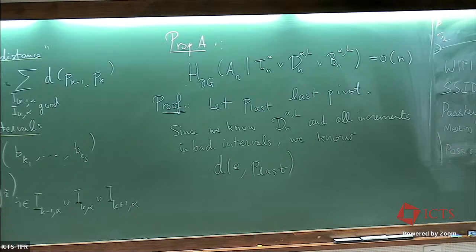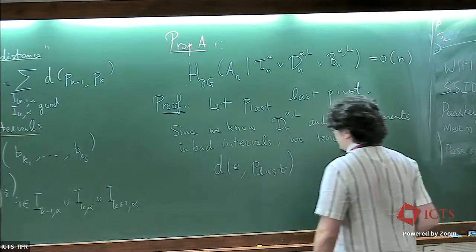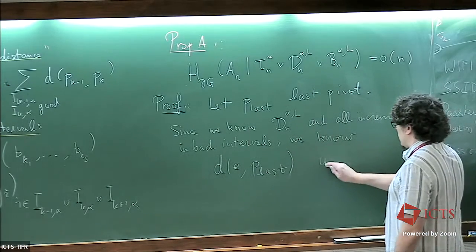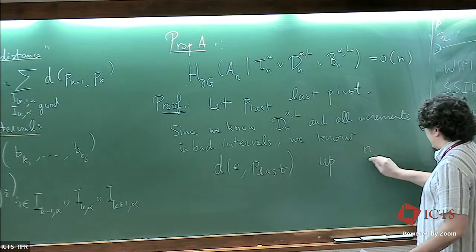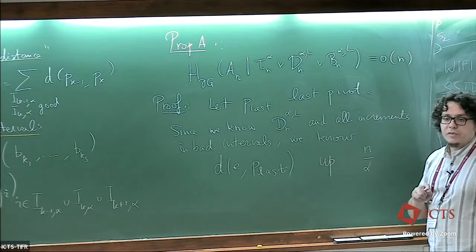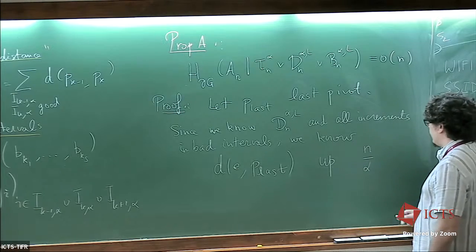So how well do we know this? Well, we make an error. At every time, we could make an additive error. So there is a bit of an error that you can make in determining the distance between this and that. But the error is not too bad. So because how many pivots do we have? Well, we have n over alpha are the number of pivots. Okay.